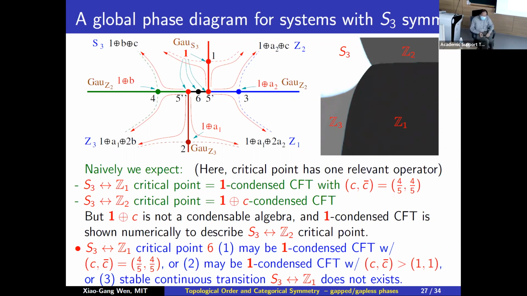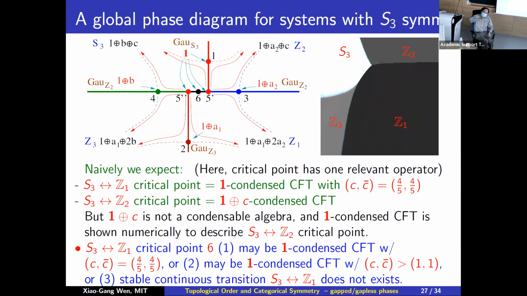So we are in a very interesting situation. When you increase the central charge, the CFT becomes more unstable. It has more relevant operators. And we already found the one with central charge 5/6 with two relevant operators. And the second condition means that we have some even more unstable CFT, but with fewer relevant operators, only one relevant operator. That one should exist. So that's a little bit surprising.